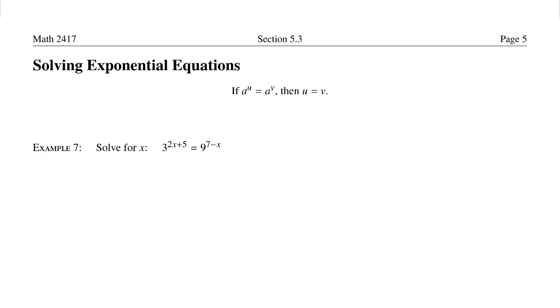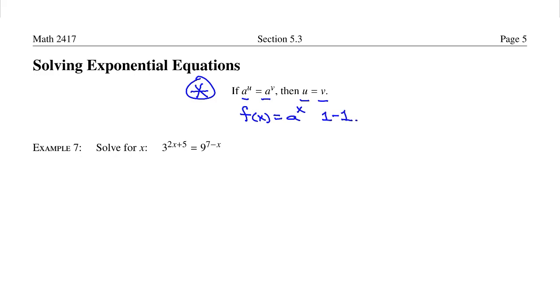Let's turn our attention now to solving exponential equations. We have this sort of golden rule for solving exponential equations. It says if a to the u is equal to a to the v, then the u and the v must be the same. This is just a restatement of the fact that the exponential function a to the x is a one-to-one function.